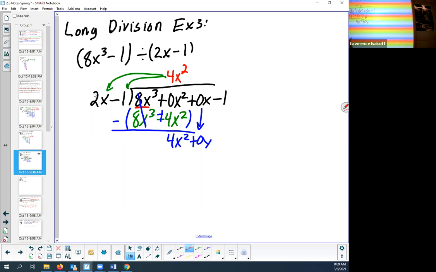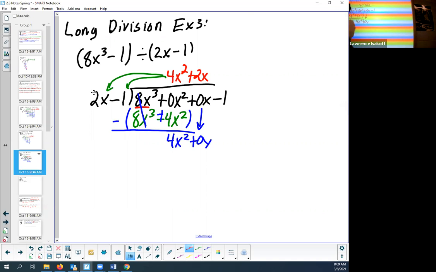Looking at time, I'm just going to start moving a little faster. What do I have to multiply 2x by to get 4x squared? 2x, right? Because I need to get it all the way up to a square. And notice, this went down from squared to x, and then the next one's going to be a whole number.